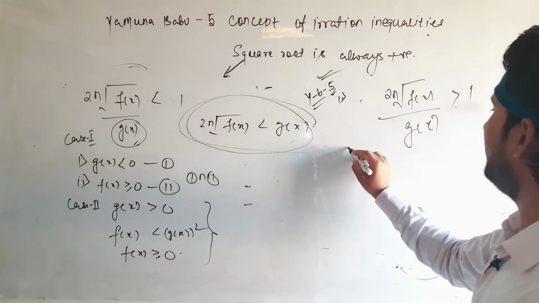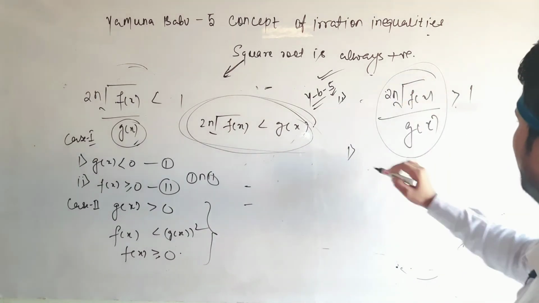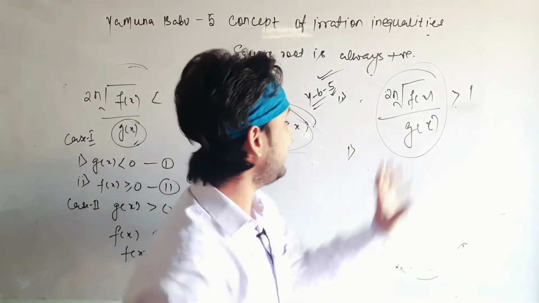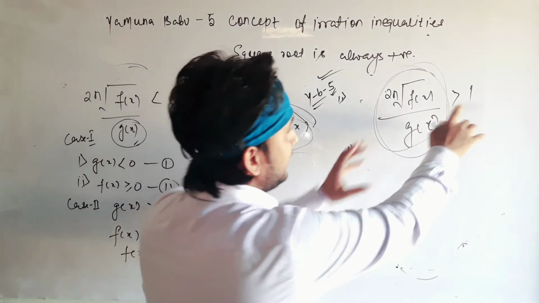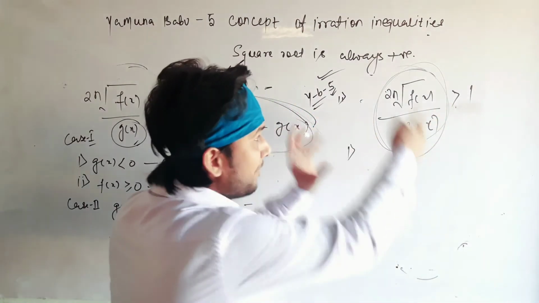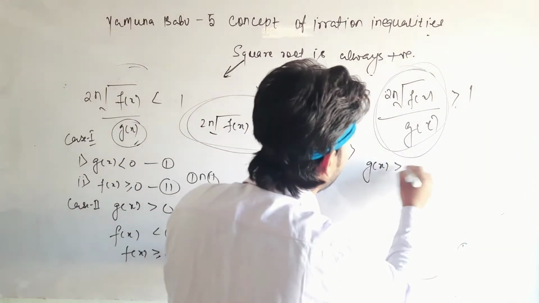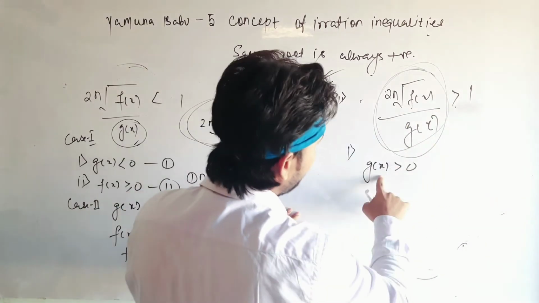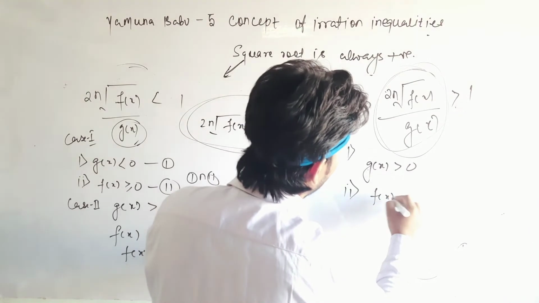Then you should think that this is an expression, and you are saying that this expression is greater than 1. It means that if it is greater than 1, it must be positive. It means g(x) must be greater than 0.